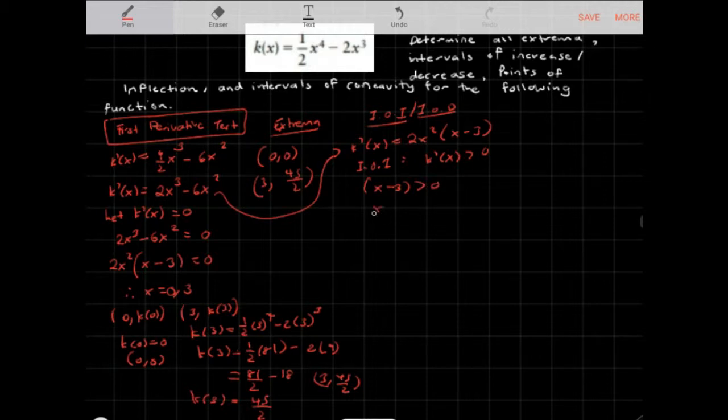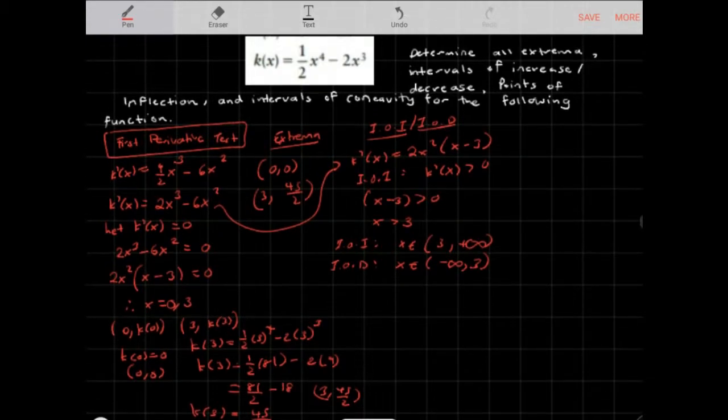When x is greater than 3, we're going to have a positive value. So we have an interval of increase when x is greater than 3, or you can write x belongs to 3 to positive infinity. We'll also have an interval of decrease in the opposite scenario, between negative infinity and 3. Okay, so those are the intervals of increase and decrease.